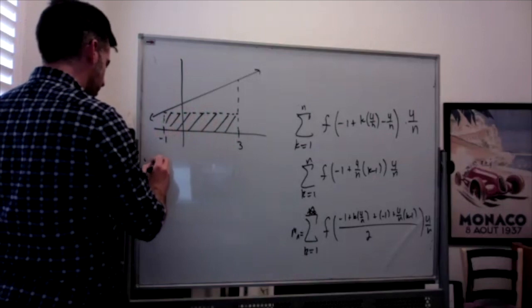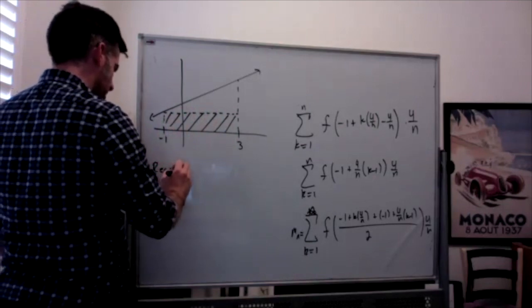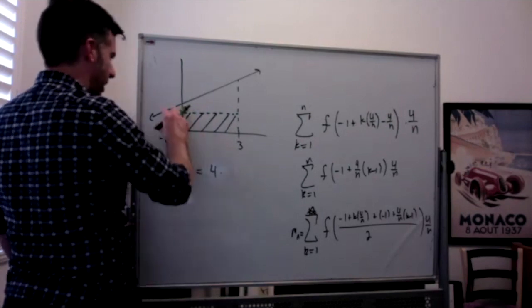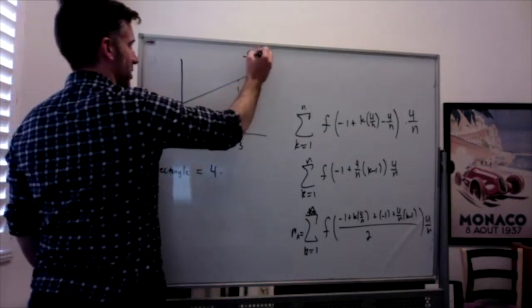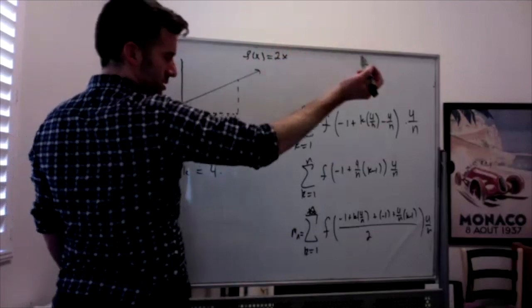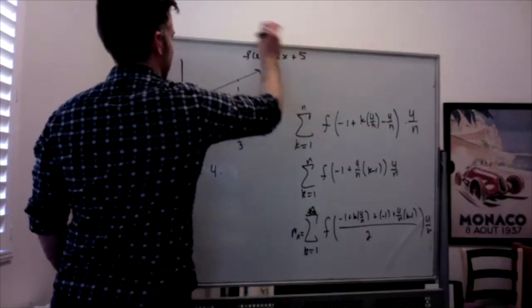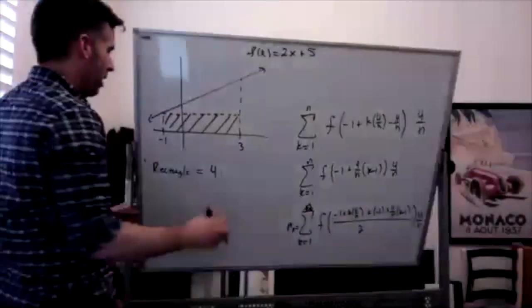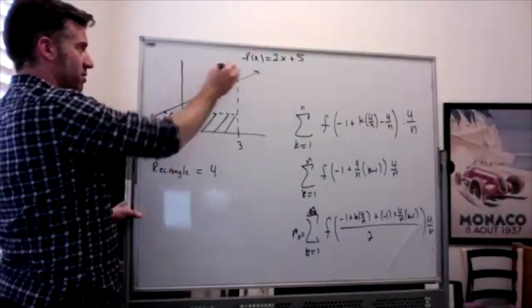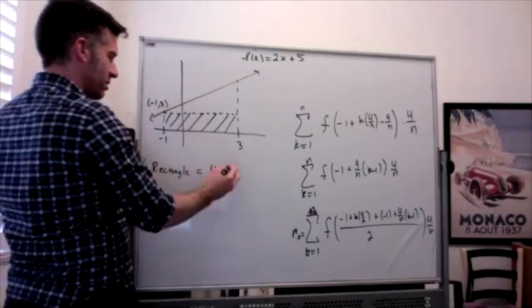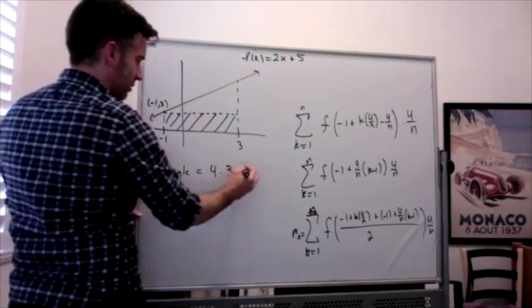The rectangle has a base of 4 and a height of, if I plug -1 into my function, which was 2x plus 5, yeah, 2x plus 5. Plugging in -1, 2 times -1 plus 5 is 3. So the height of this rectangle is 3, and the area is going to be 12.